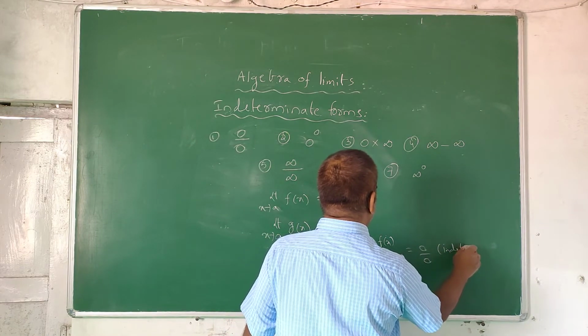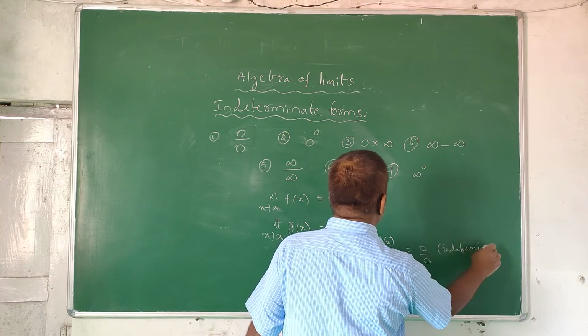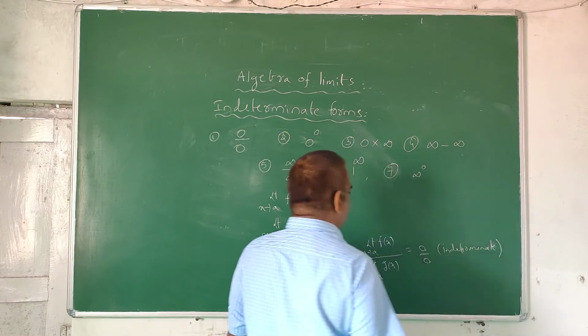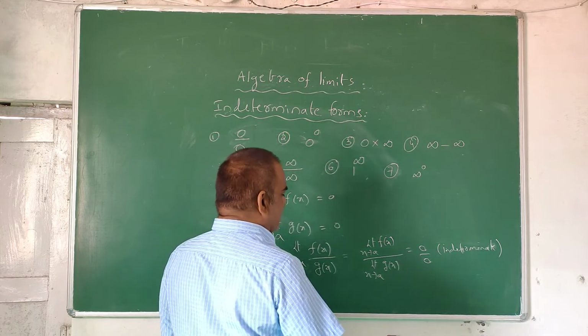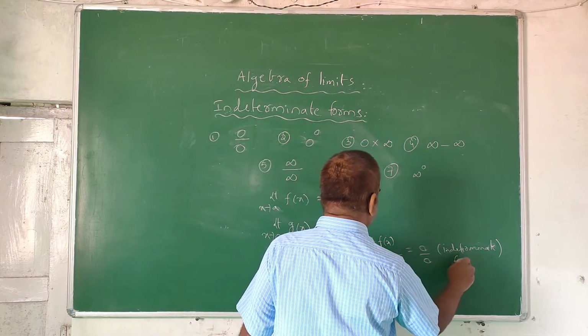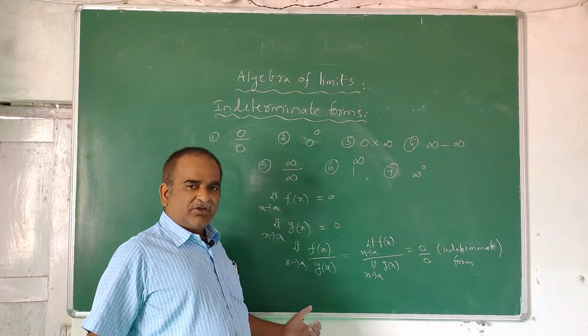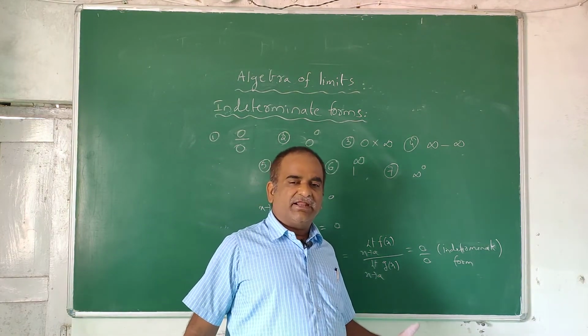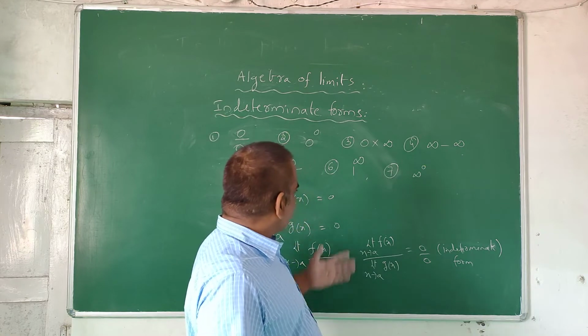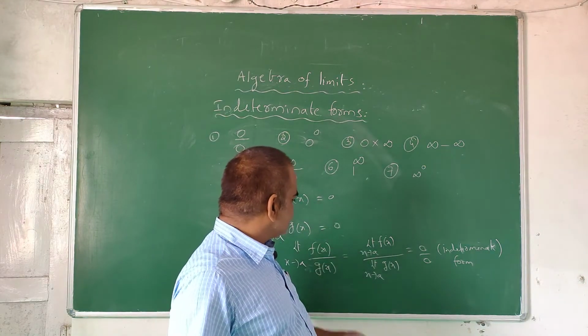But in fact, you should not get any indeterminate form in evaluating limits. Any of these 7 indeterminate forms you should not get.